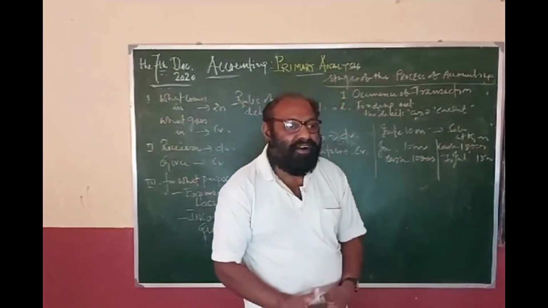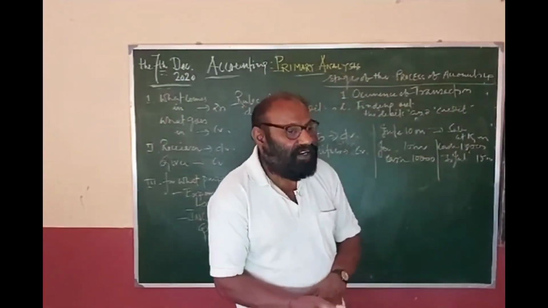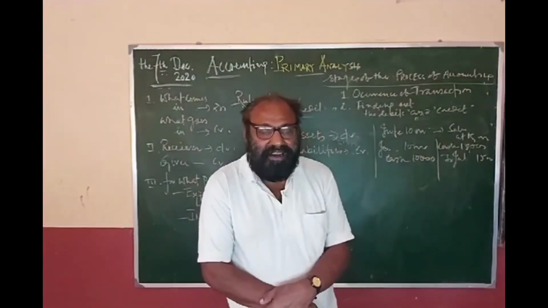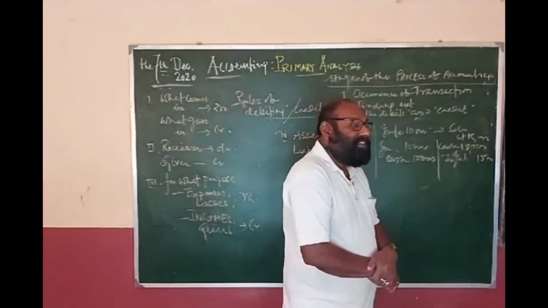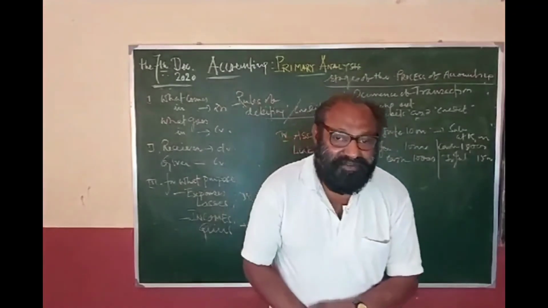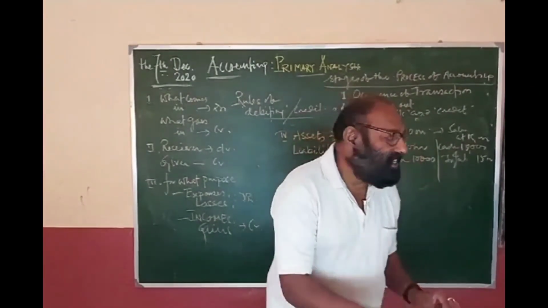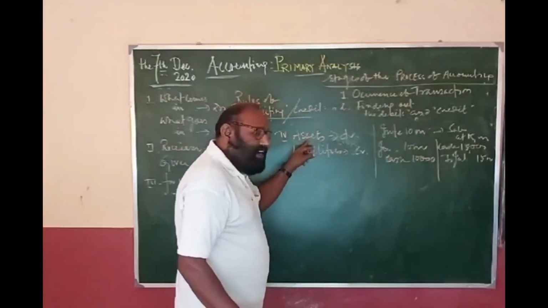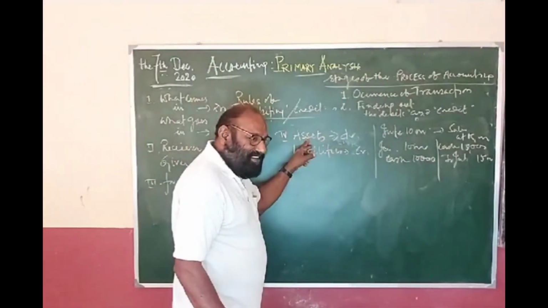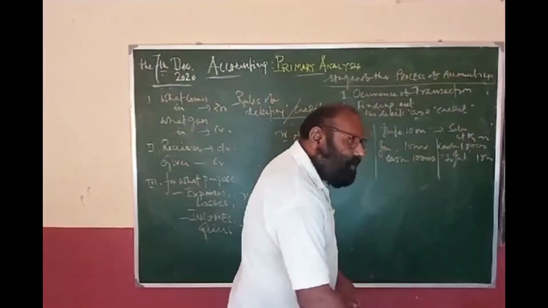Now, to maintain his records, to carry on his office, he has purchased some furniture, table, almirah, and many others. These are not current assets. These are known as permanent assets, or fixed assets. Whenever we purchase those assets, we will record the assets account.